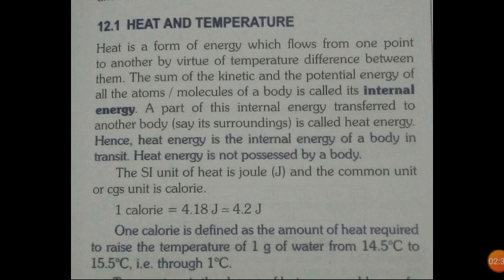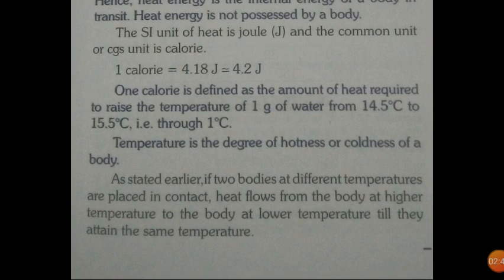The SI unit of heat is joule, and the common unit or CGS unit is calorie. 1 calorie equals 4.18 joule, or we can simply write 4.2 joule. Then here is the definition of calorie. 1 calorie is defined as the amount of heat required to raise the temperature of 1 gram of water from 14.5 degrees Celsius to 15.5 degrees Celsius, that is through 1 degree.